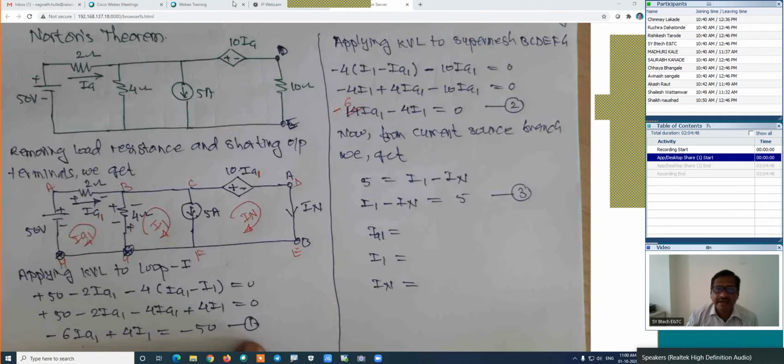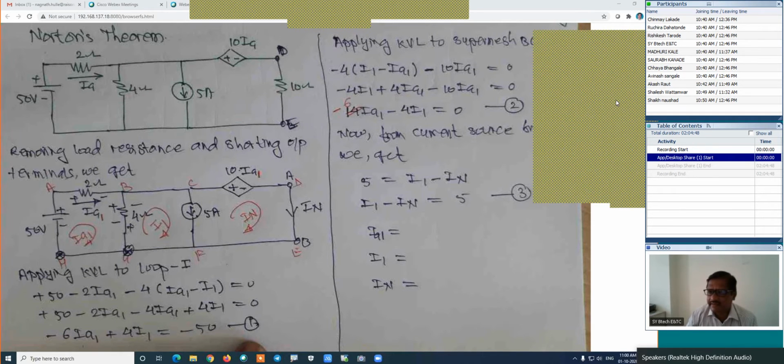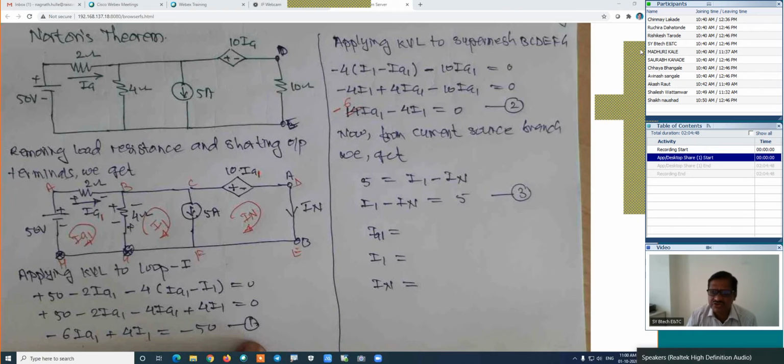Anyone has again any difficulty or any clarification on this calculation? Now work out this calculation and find out the values of the unknowns, which are IA1, I1 and IN. Anyone? Please raise your hand and just give me the answer.